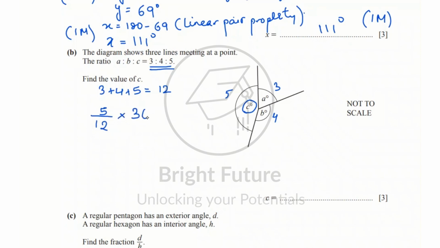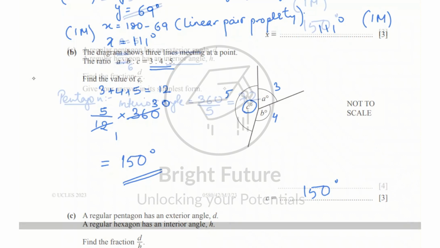The total is 360. 12 30s are 360, so 5 times 30 gives 150. The answer is 150 degrees. Again, this is only for 3 marks.